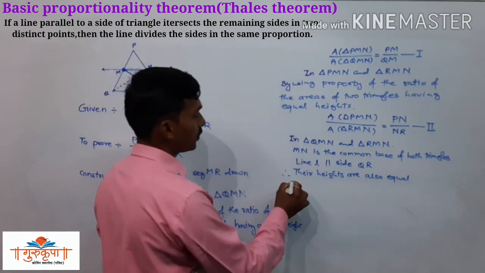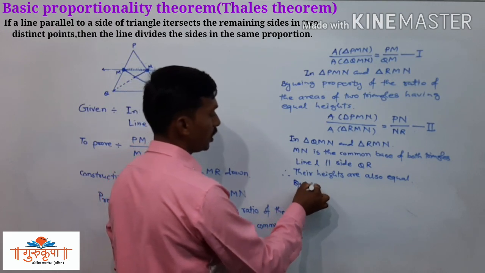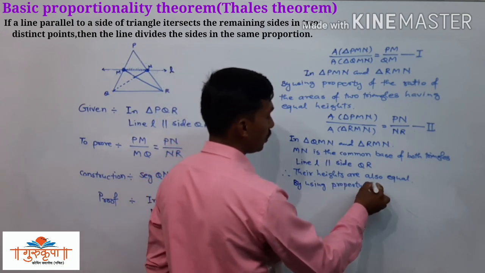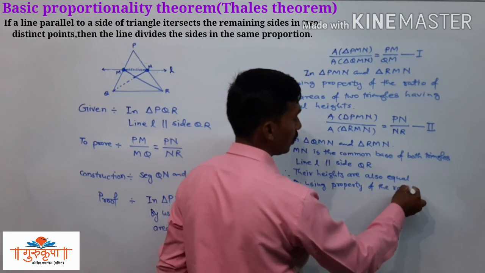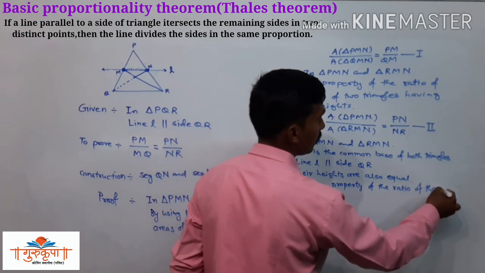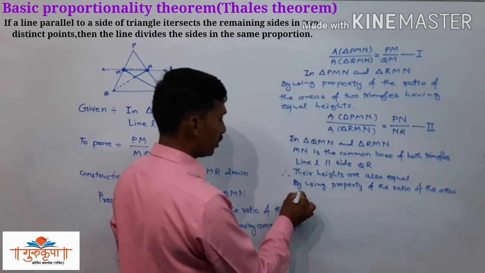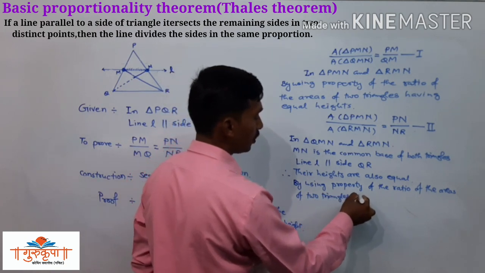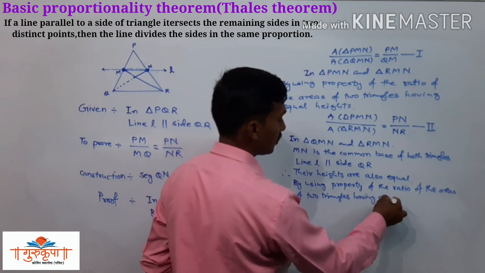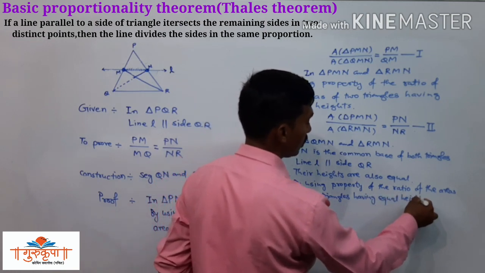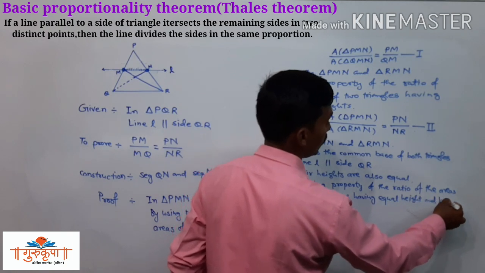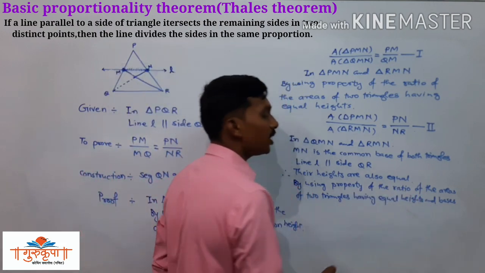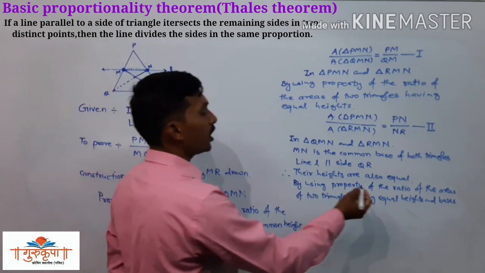By using the property of the ratio of the areas of two triangles having equal heights and equal bases, you can write the word equal also here.